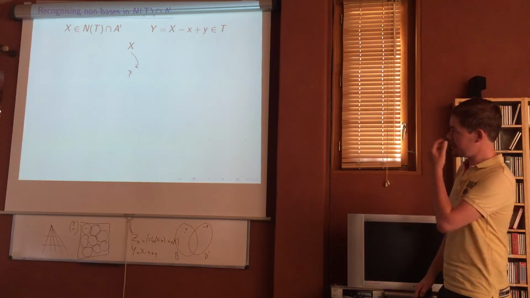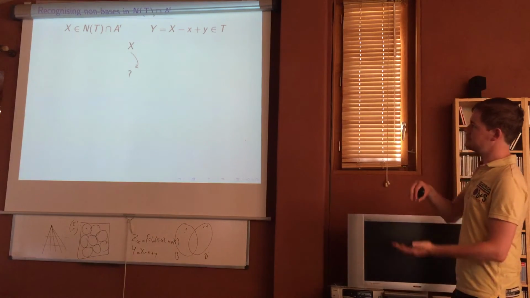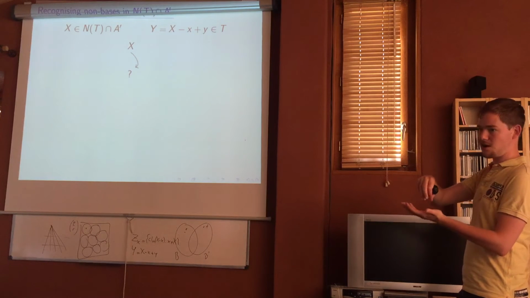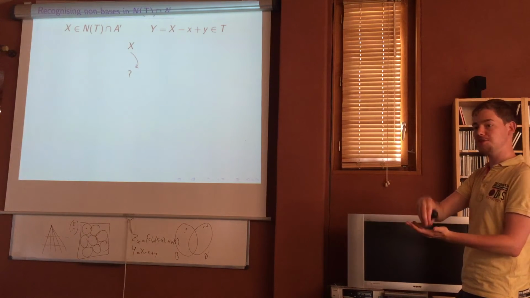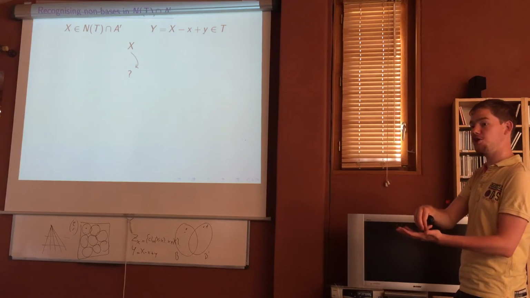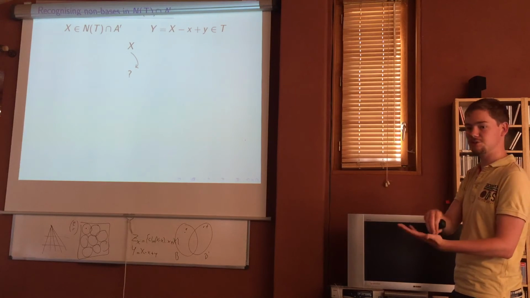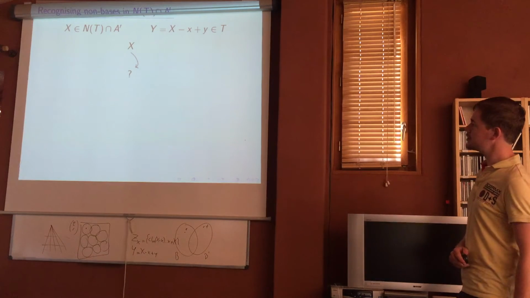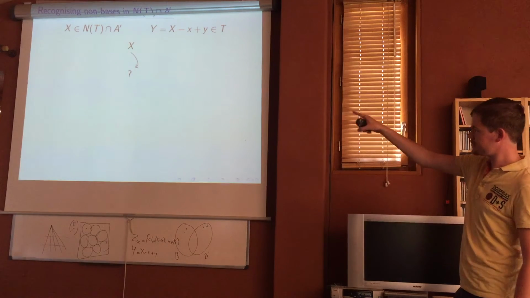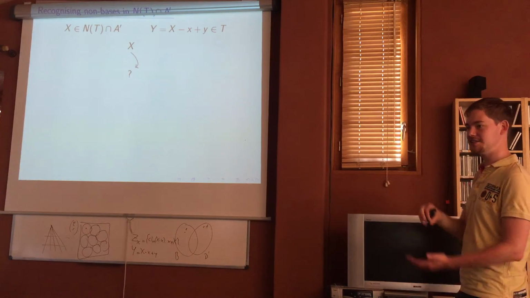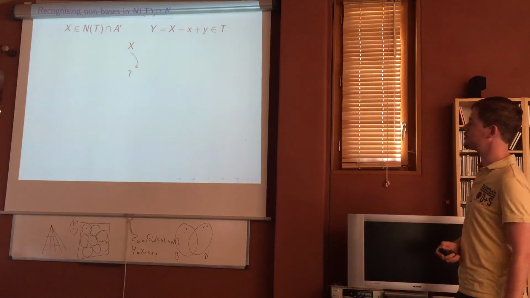So there's one case left, basically. That's when you are in A prime and you are not in T. In that case, we do not yet know whether you are a basis or a non-basis. So let's see what we can do. Suppose that this X is a set in which we are interested.